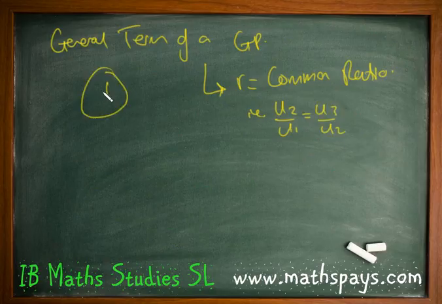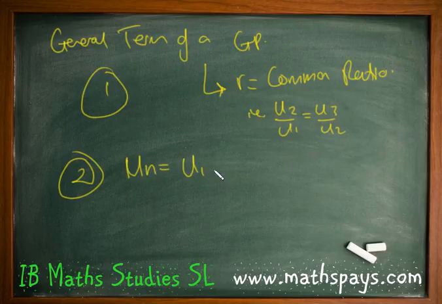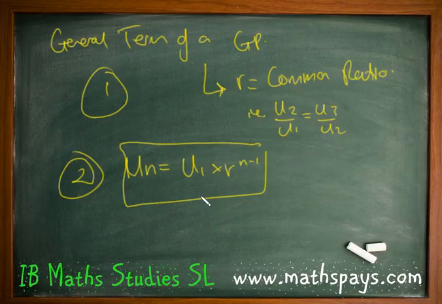That was number 1. And then we learnt the rule for the general term: Un is equal to U1 multiplied by r to the n minus 1. And then we can get those harder questions on top of that.